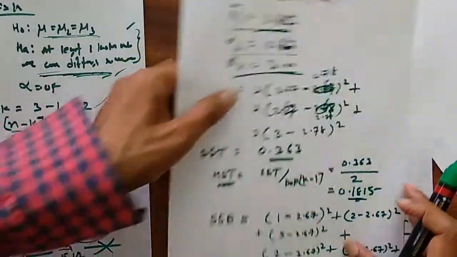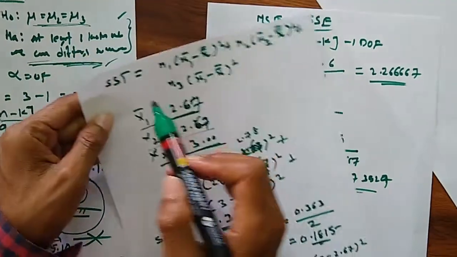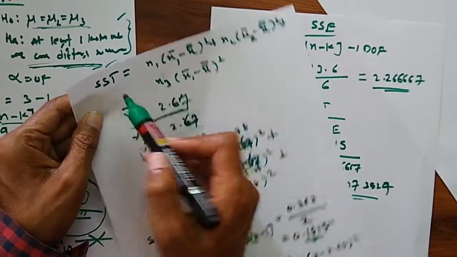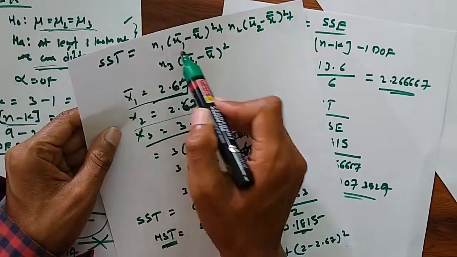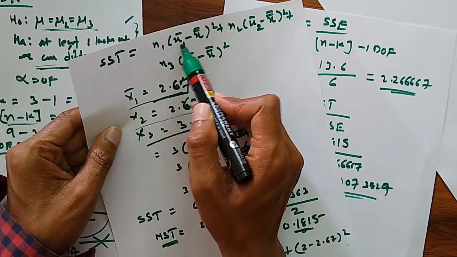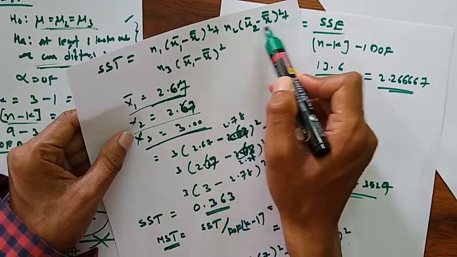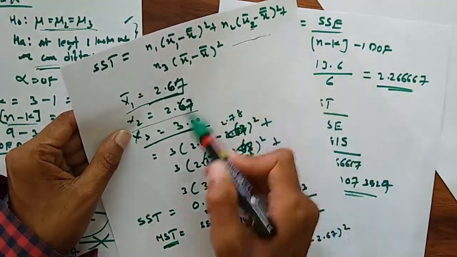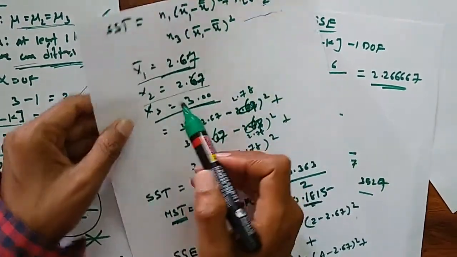Once you know the grand mean, you can calculate SST, the sum of squares between groups or treatments. So this is the equation: n1 times the mean of the first sample minus the grand mean, whole square, plus n2 times the mean of the second sample minus the grand mean, and like this you need to go through all the sample means.